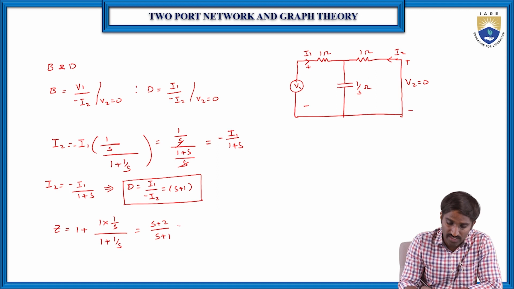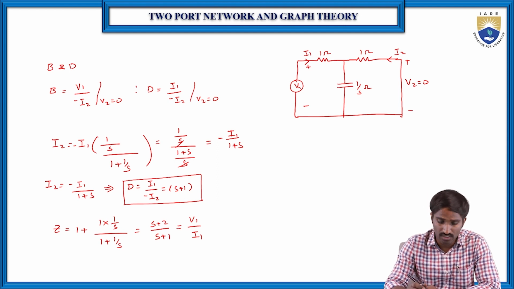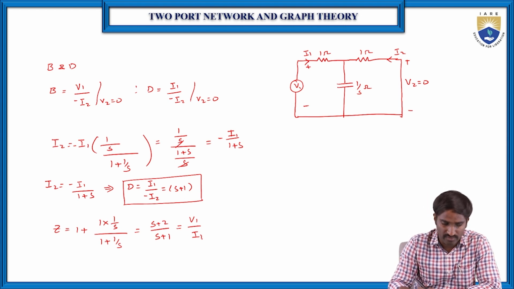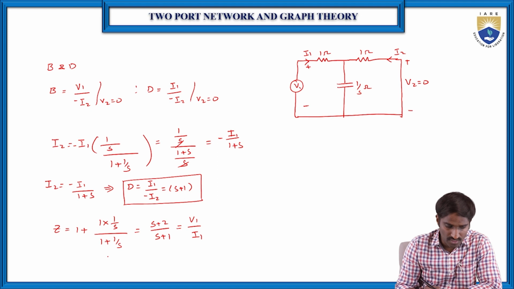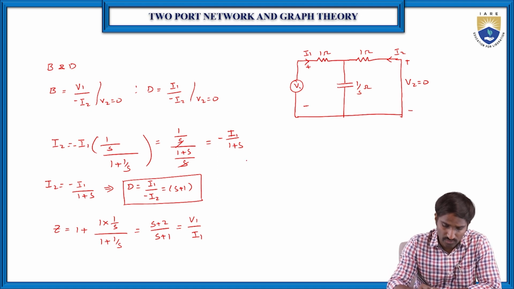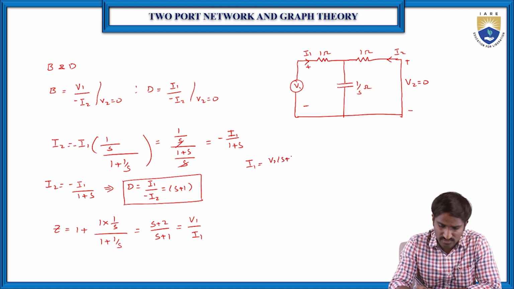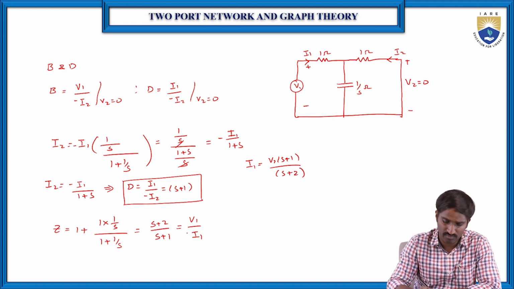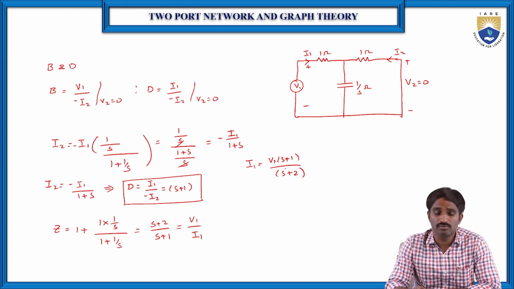So Z is equal to V1 by I1, because let us consider it is the total impedance, which is equal to V1 by I1. Then as we already know, I1 is equal to V1 into S plus 1 by S plus 2. From this equation, I1 is equal to V1 into S plus 1 by S plus 2.